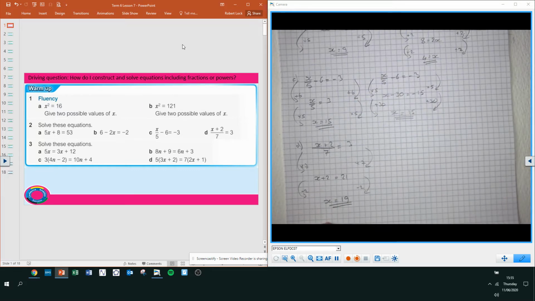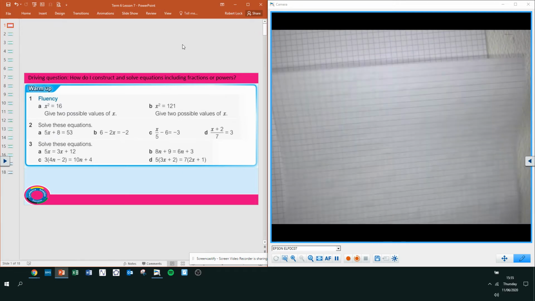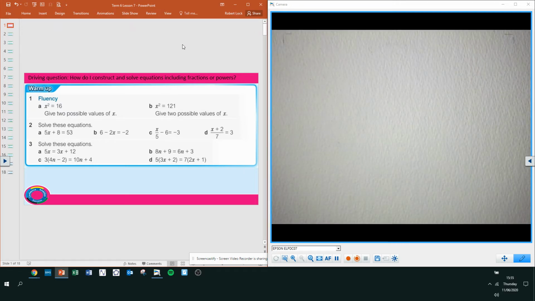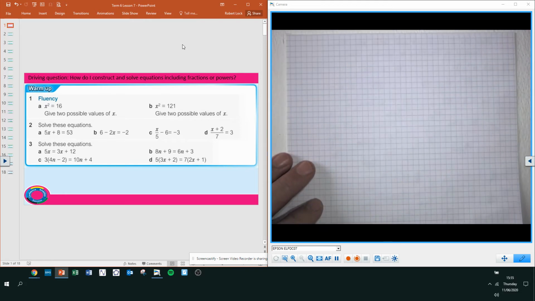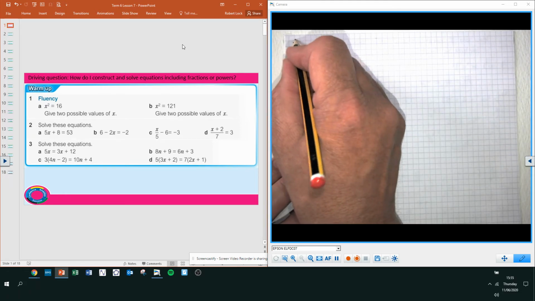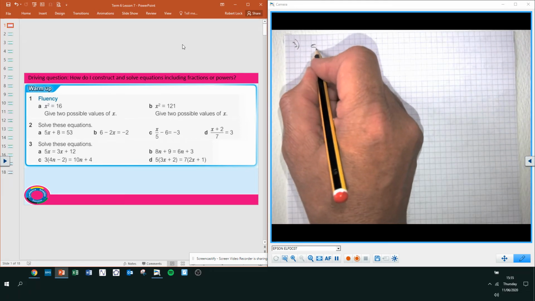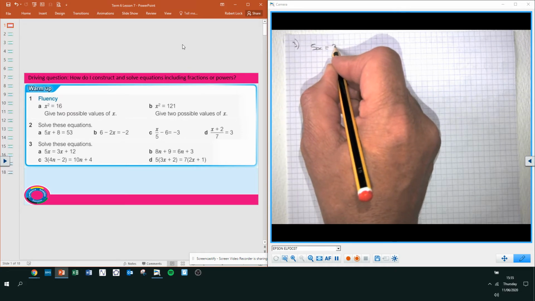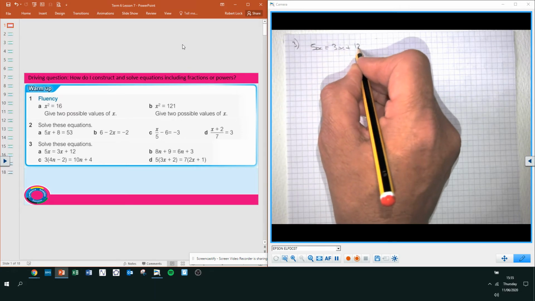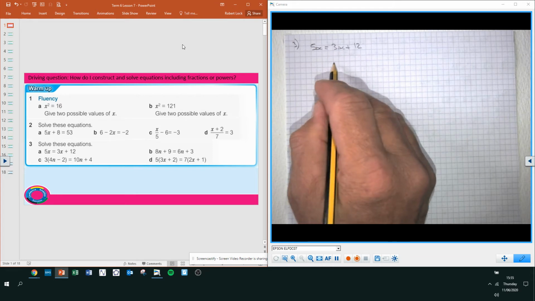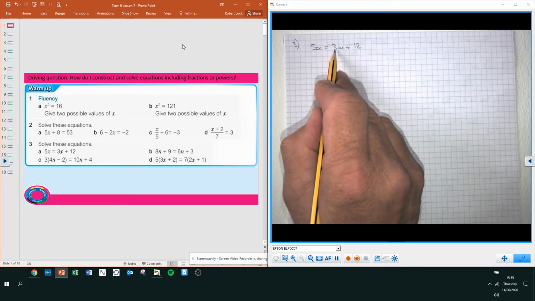Question 3. Solve these equations. 5x equals 3x plus 12. Try and get the letters on the left-hand side.